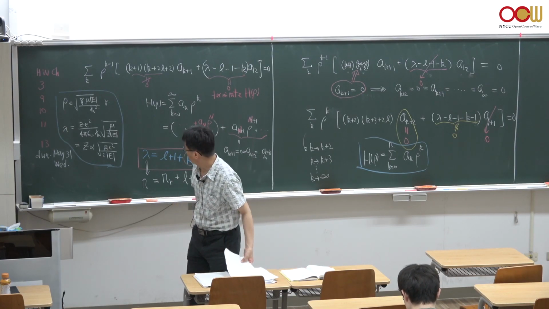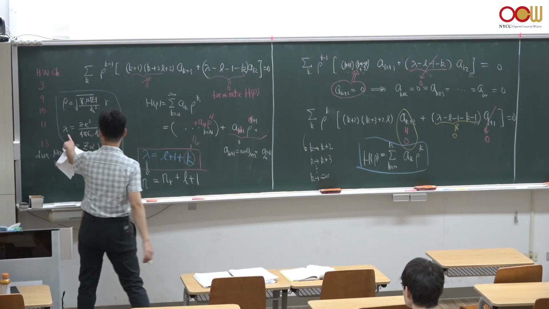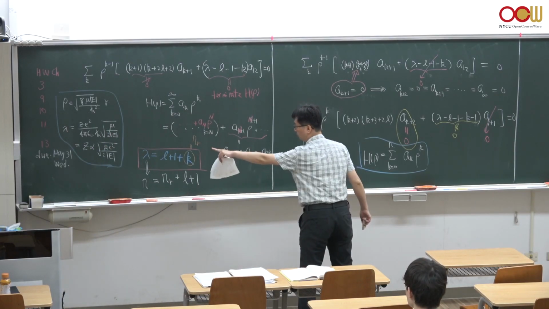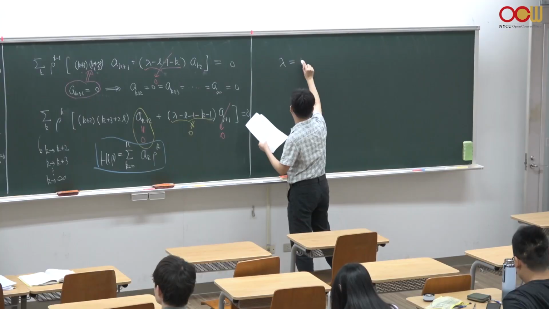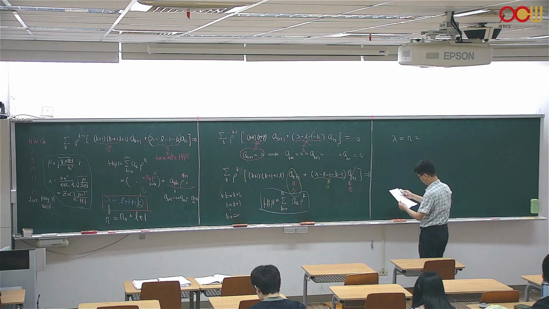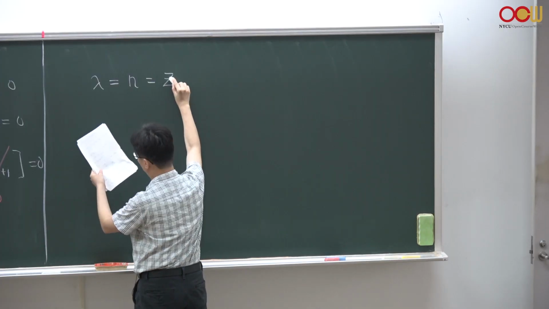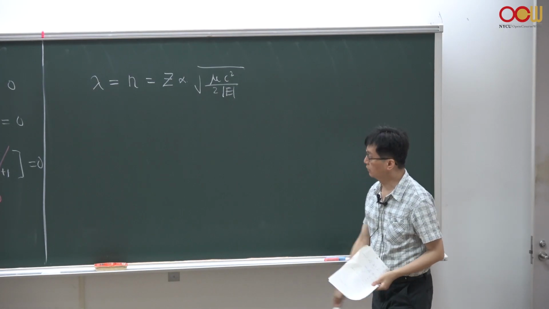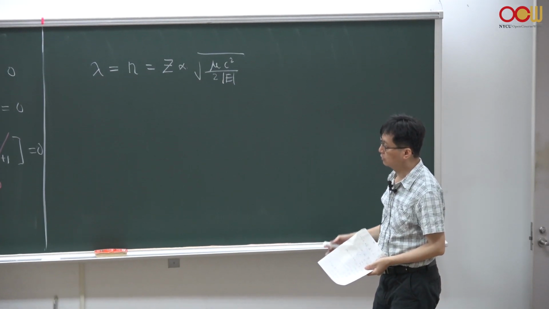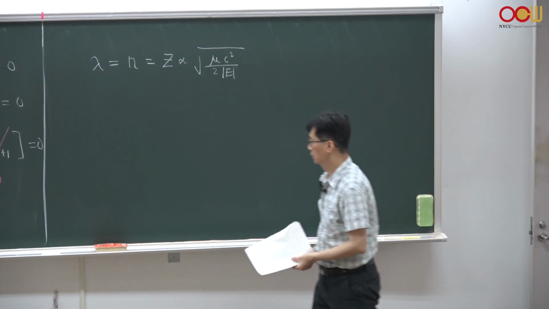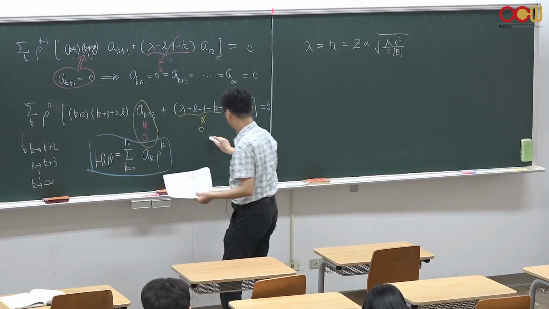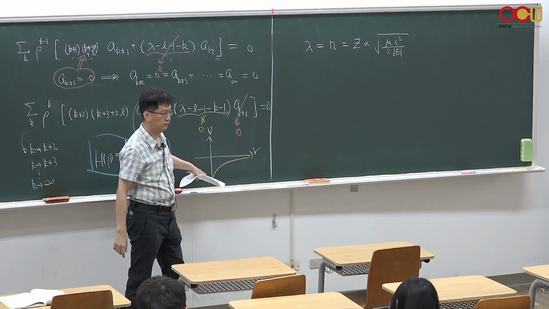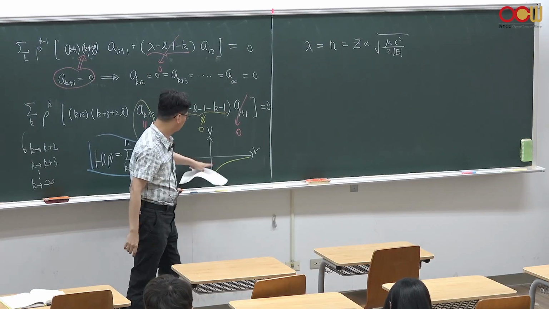And if you look at the definition of lambda, lambda is this one. So let me just repeat that. Lambda is actually n, and is what? Lambda is z e magnitude. Okay, remember in this case the eigenenergy should be negative, because this potential V of r is actually a negative value potential.